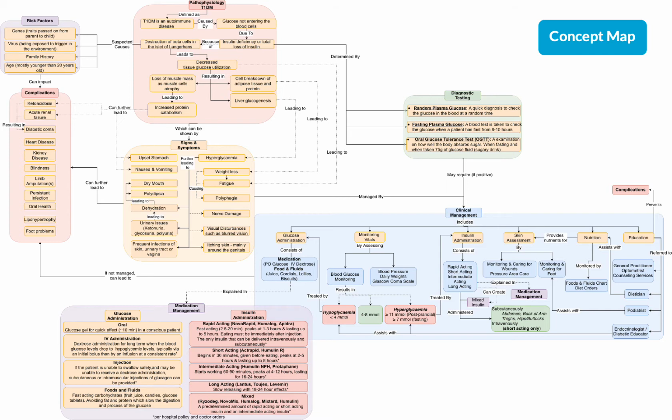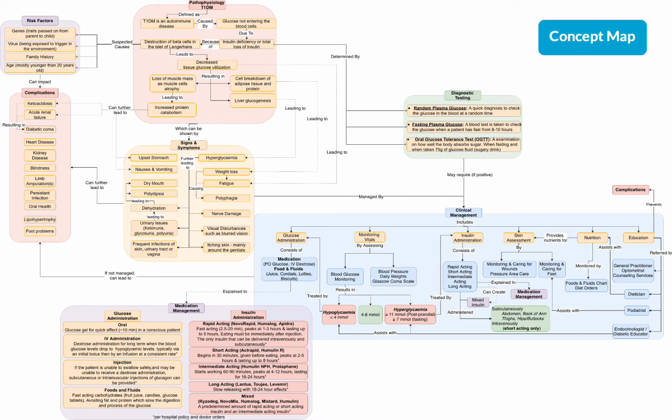And so we want to monitor the skin for any wounds and pressure area care because the glucose prevents nutrients from getting to the skin because it becomes very viscous and hard for it to get there. So we want to make sure that we're monitoring and caring for these wounds and that they're actually healing. We also want to monitor and care for feet and any peripheral areas, but mostly the feet because, again, this glucose is making the blood more viscous, it doesn't allow it to get to these peripheral areas, and it causes a lot of nerve damage and less nutrients within the skin, which then leads to nutrition.